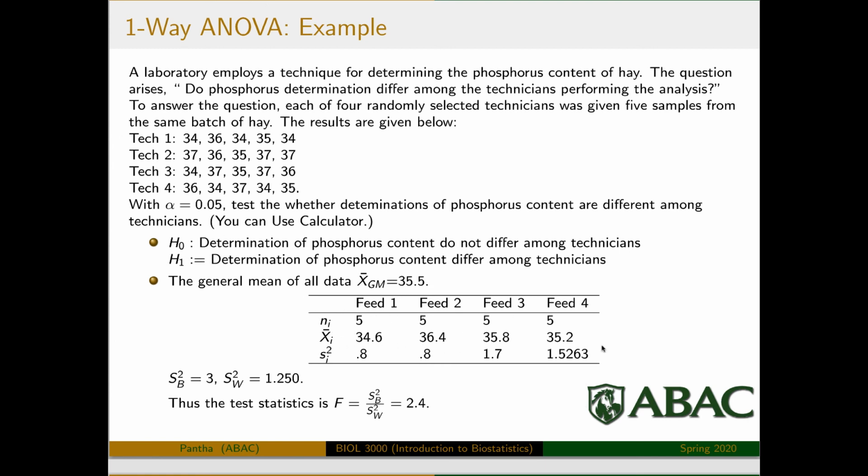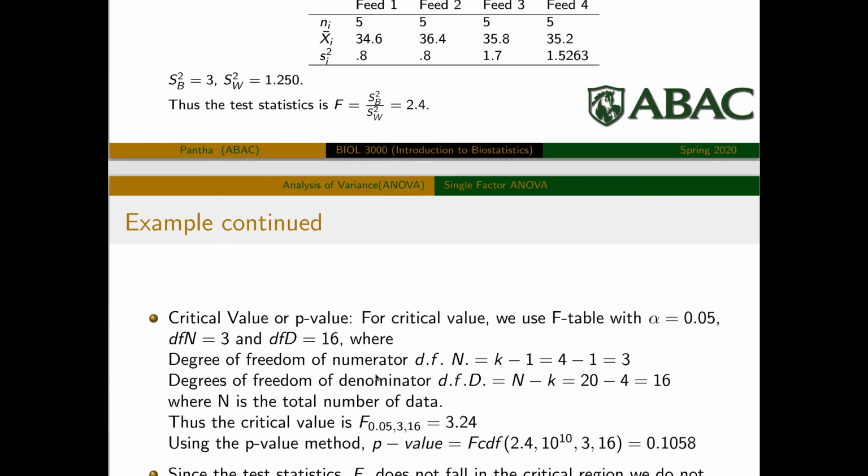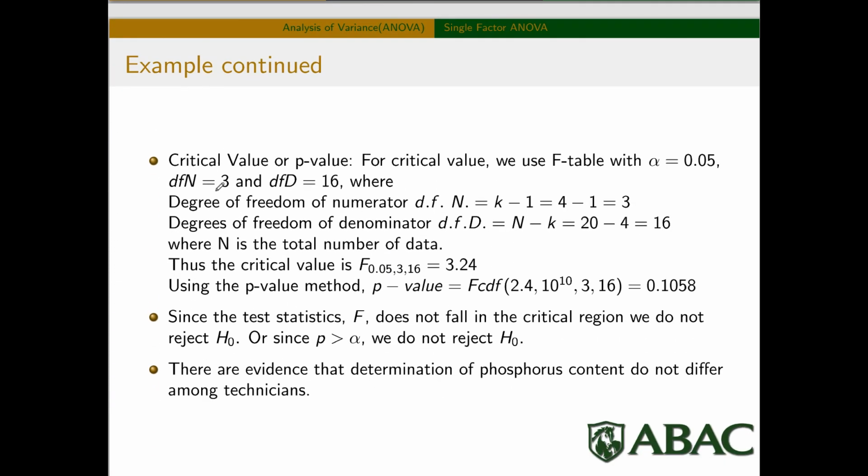For xi bar, we find the sample mean of each sample, and then the sample variance of each sample. We find SB square. So the between group variance is 3 and the within group variance is 1.250. So for the test statistic, we use the formula that we found, 2.4. And then we find the degrees of freedom of the numerator and the denominator using those formulas, 3 and 16.